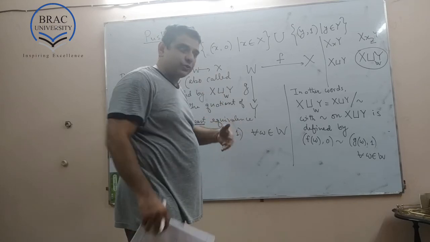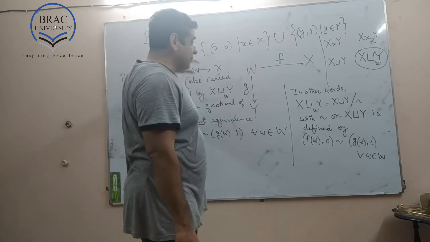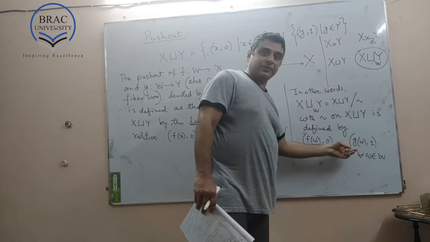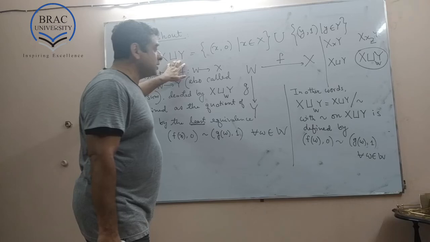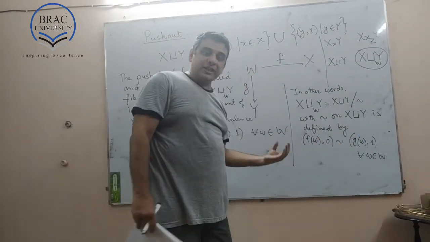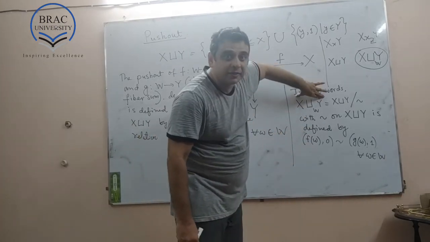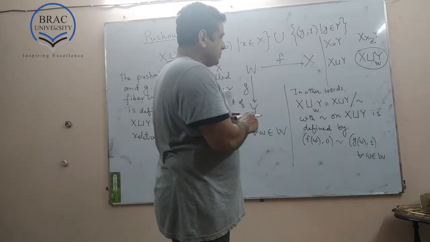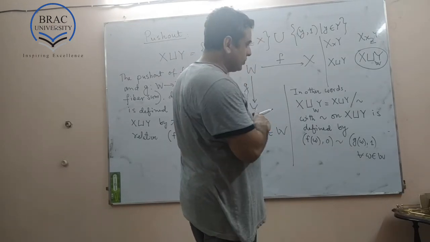You put more constraints so that there will be fewer elements in the final set. So you identify the elements. In the original disjoint union, there may be two distinct ordered pairs which have to be identified in this new set. And the rule is given here. So, this is the rule.